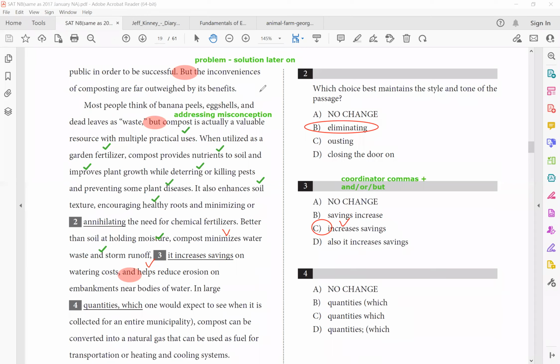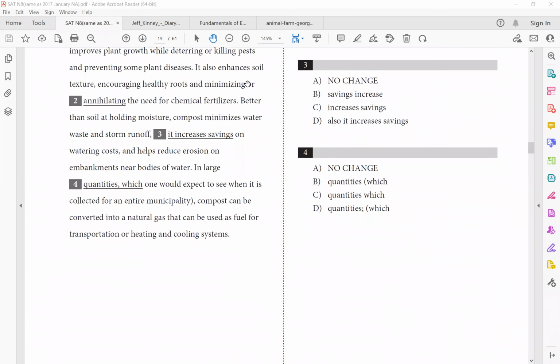So, number 4, in large quantities, well, we see which is a relative pronoun. And if you remember, this relative pronoun starts a non-essential adjective clause, which can be enclosed by two inserted commas, two parentheses or two dashes. And since there's already a dash here, we want to choose B, which is another dash.